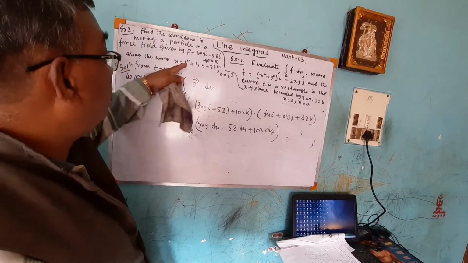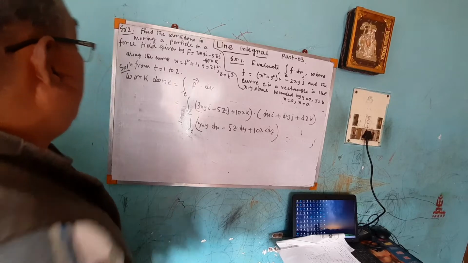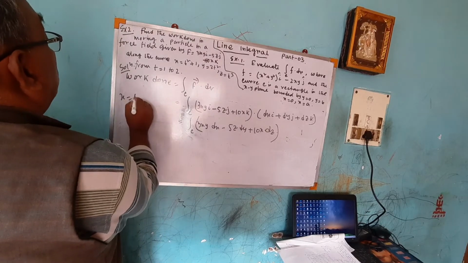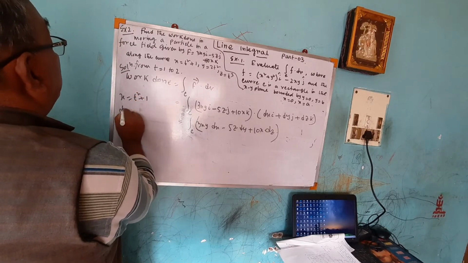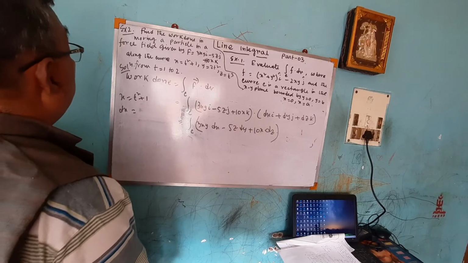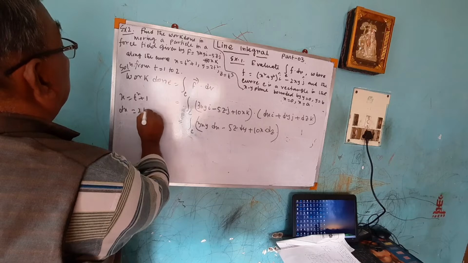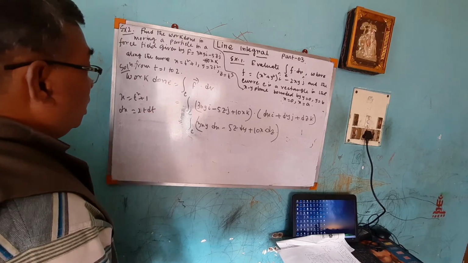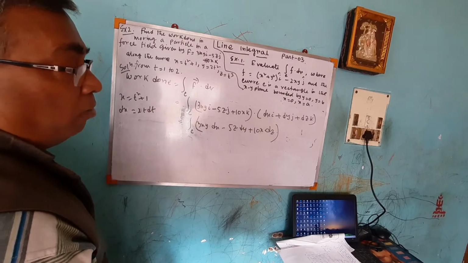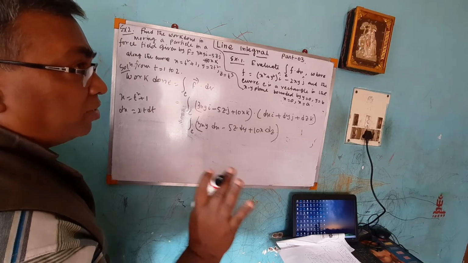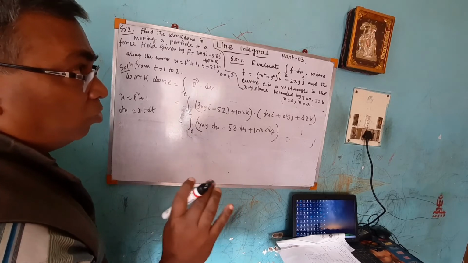Now we have to put in all the values. x equals t square plus 1, so dx by dt is 2t, dx equals 2t dt. Taking the differential, be careful, with respect to t.